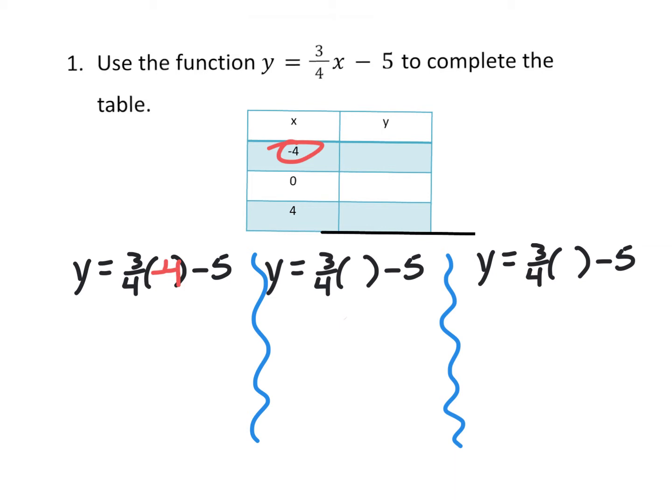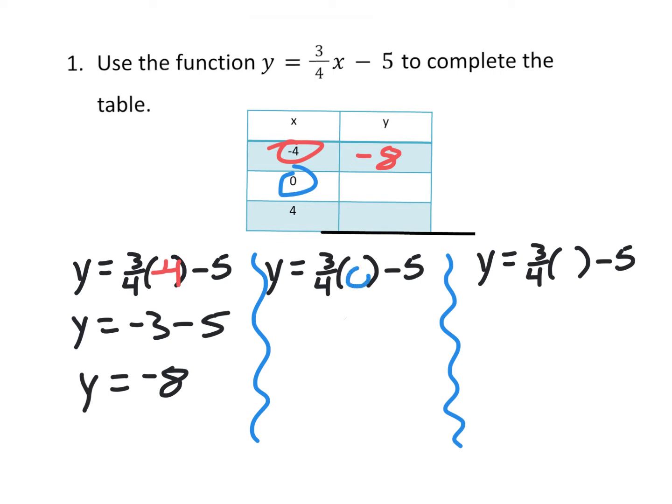And when we continue working that out, it's going to say y equals -3 minus 5. When you work out 3/4 times -4, you end up with -3. And then here, -3 minus 5 equals -8. So our output is -8. So when we input -4, the output is -8.